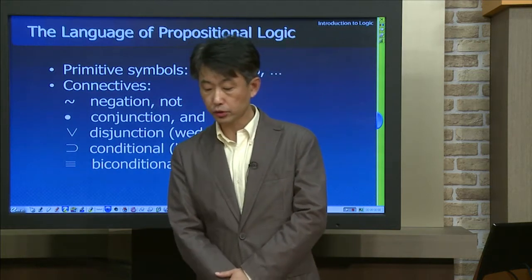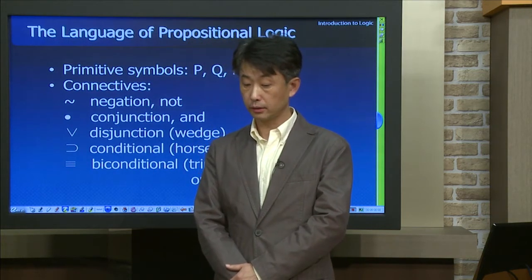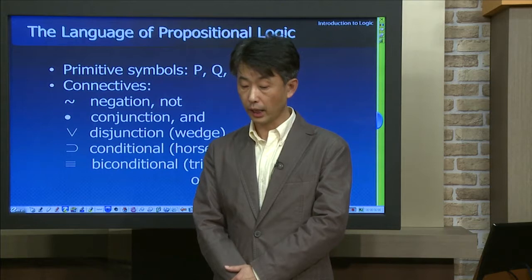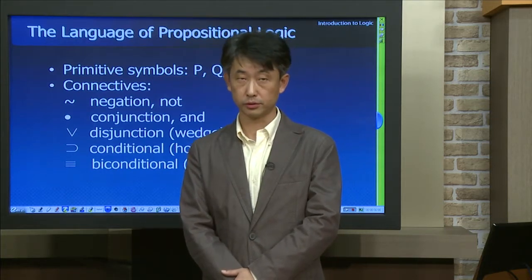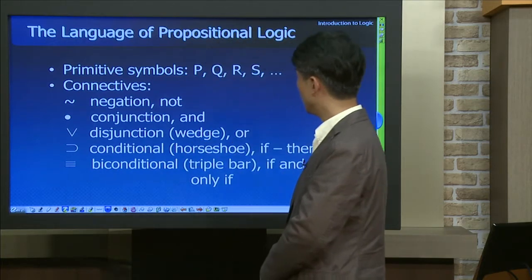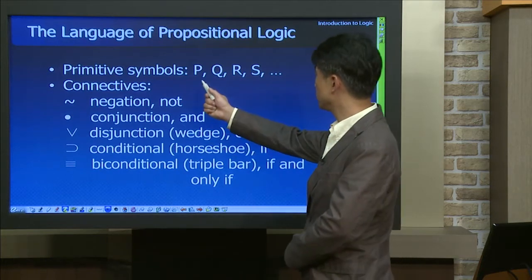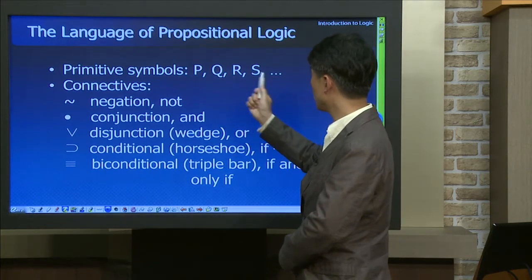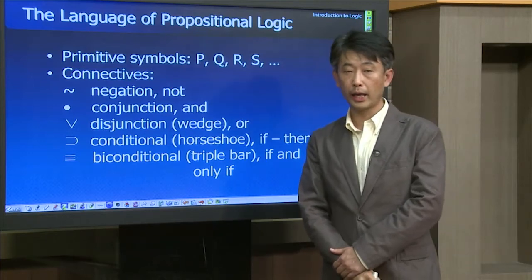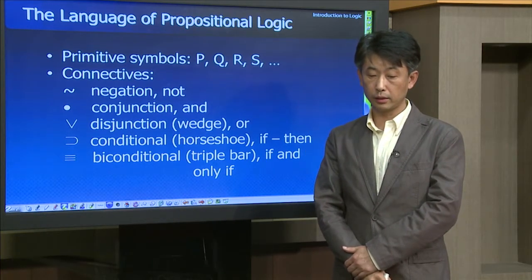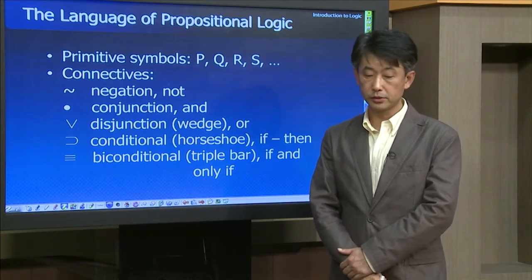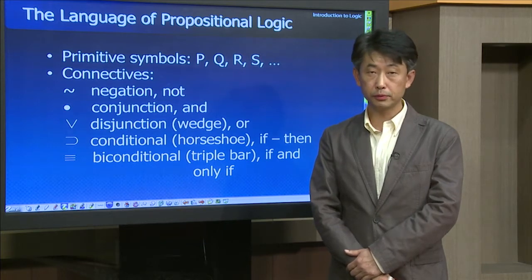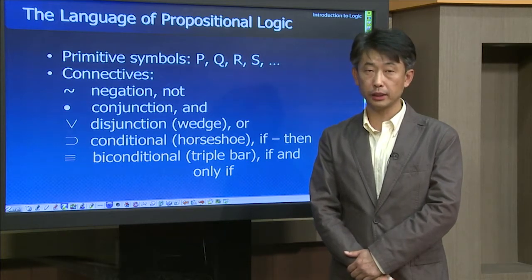The language of propositional logic contains primitive symbols. Primitive symbols are P, Q, R, S, and these alphabets symbolize simple statements in English.